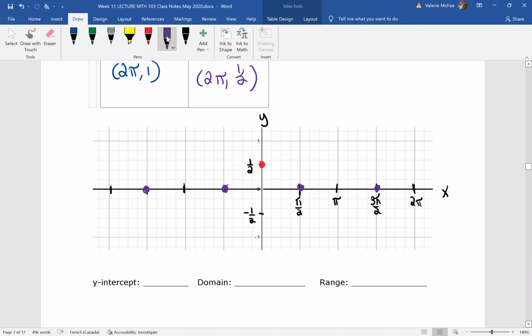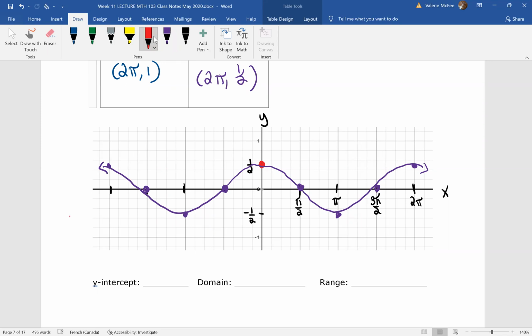We have a piece of our wave here, and we know that that pattern continues. Now below the x-axis, 0, and above the x-axis. We still have our wave, but this time it's been compressed.